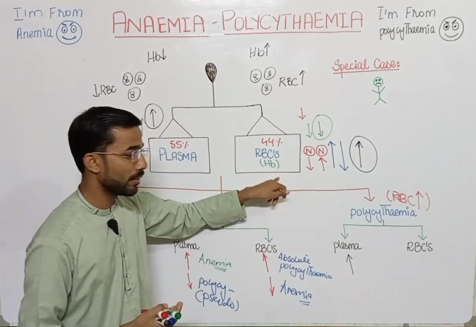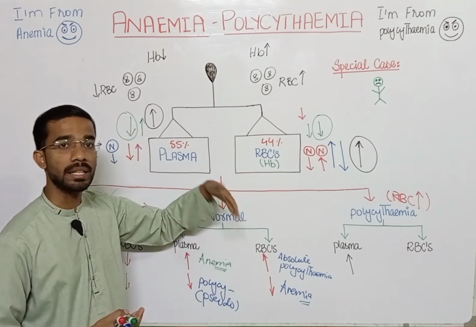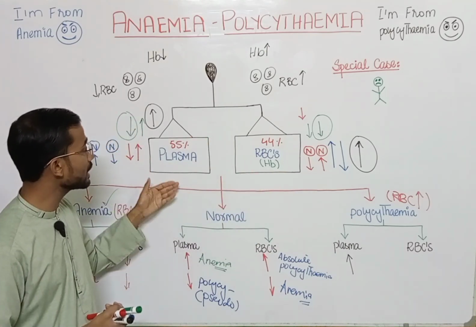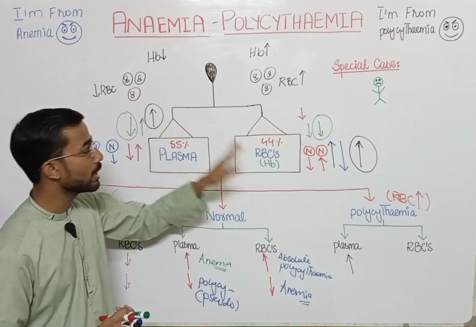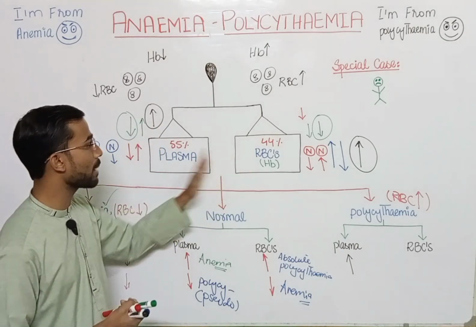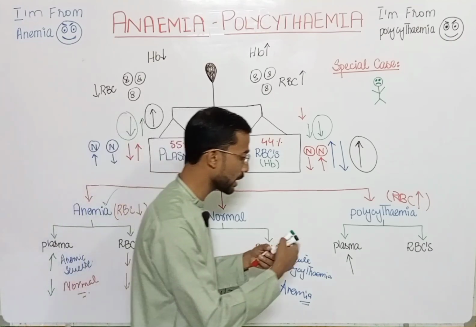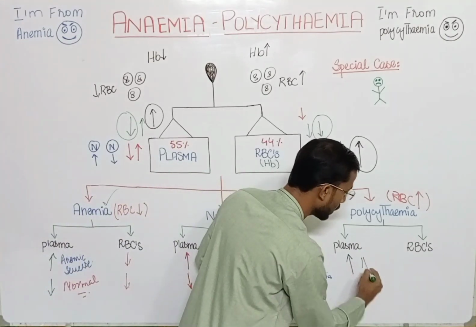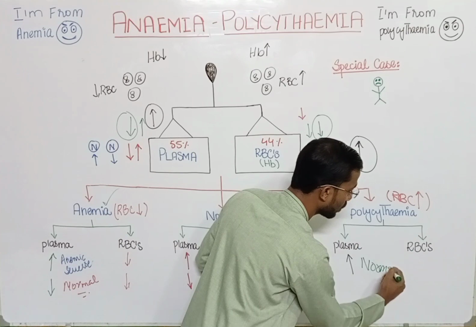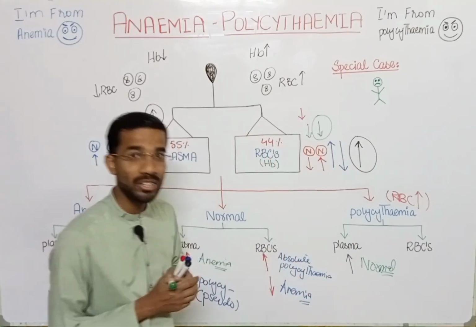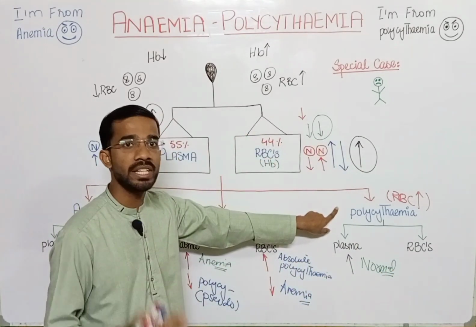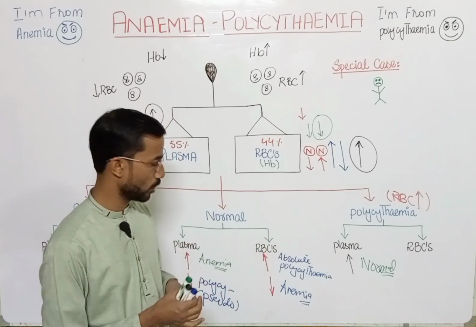In polycythemia the RBC number increases, and when we further increase the plasma, the balance between the plasma and the RBCs will be maintained, and the patient goes towards a normal situation even though he or she is facing polycythemia.